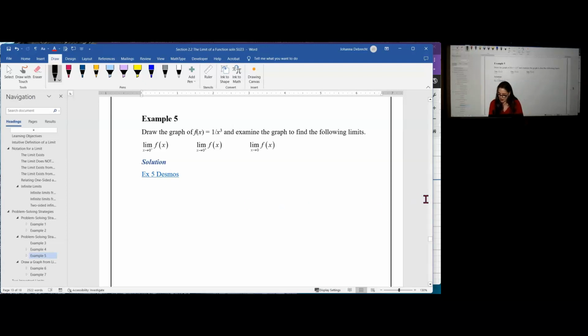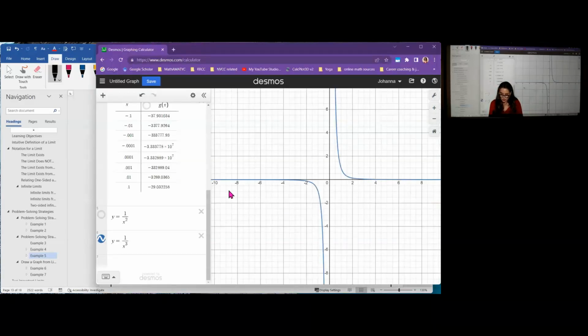When we look at the graph of the function, though, notice that as we approach 0 from the left, it goes to negative infinity. As we approach 0 from the right, it goes to positive infinity. That's because this one is cubed.